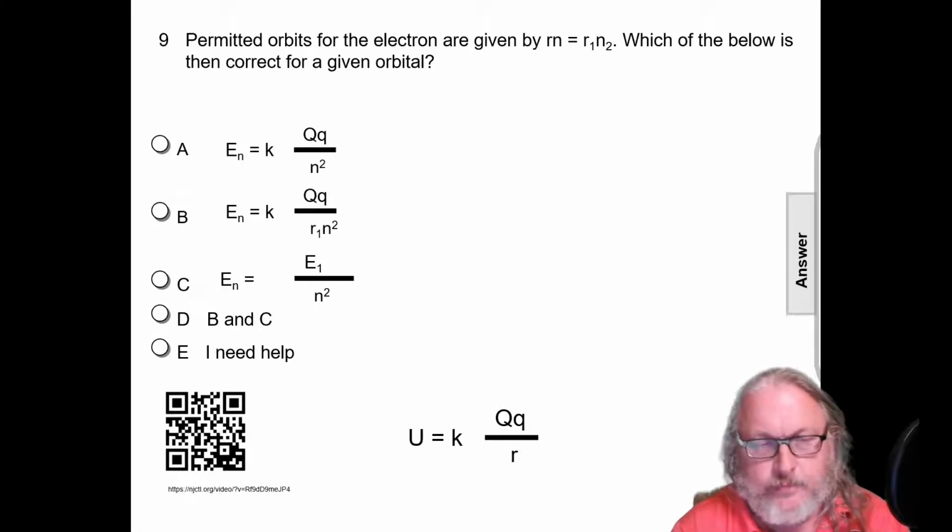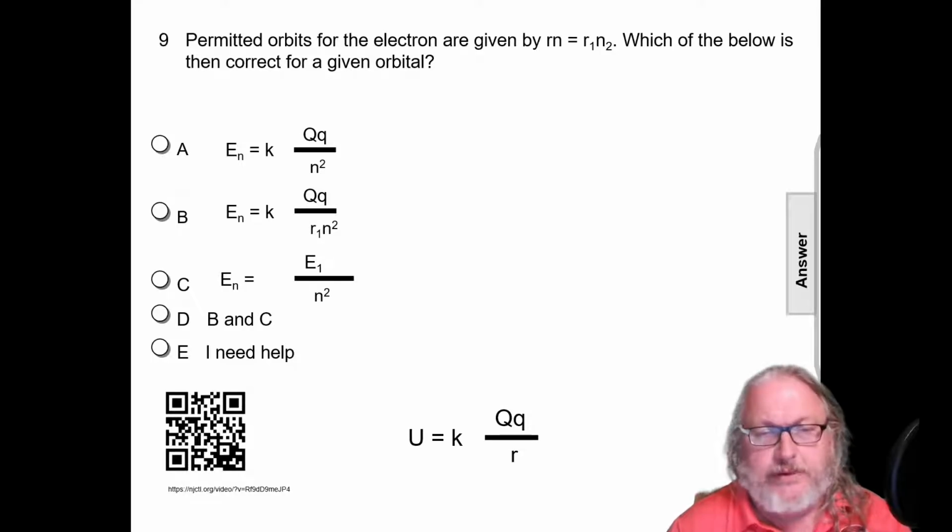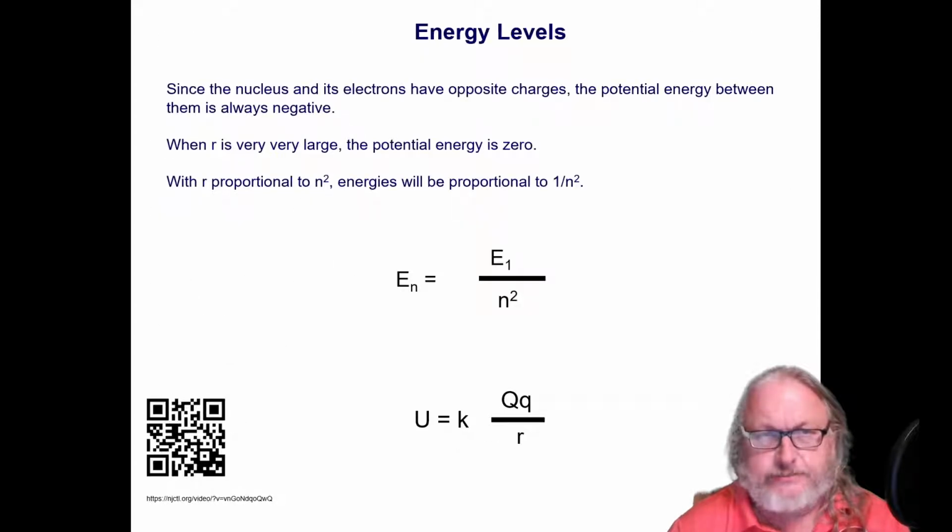Or E sub n equals E sub 1 over n squared. Well, if I have capital Q q over R and I substitute that in, that is E sub 1, right? So it would be B and C. Don't sweat this, we'll get to it.